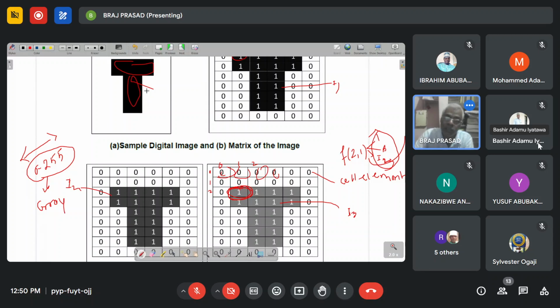If a single color, our black color, has some intensity and all objects are represented with this intensity, then we say this is a monochrome or single color system. But if a single color is used with different intensity like this, then it is called gray color.